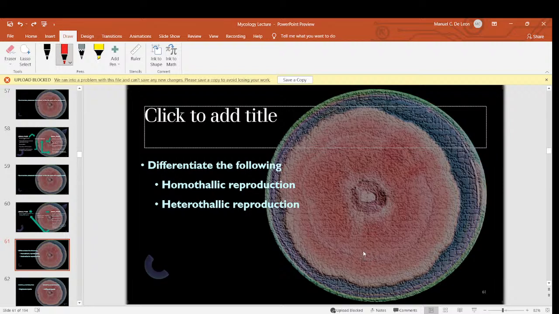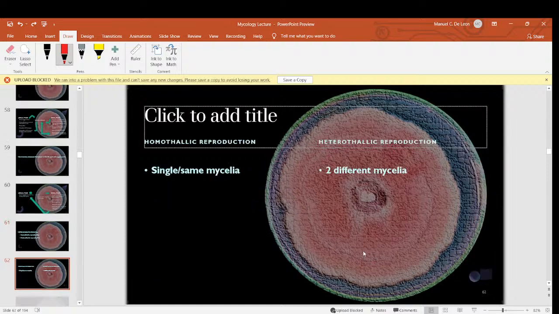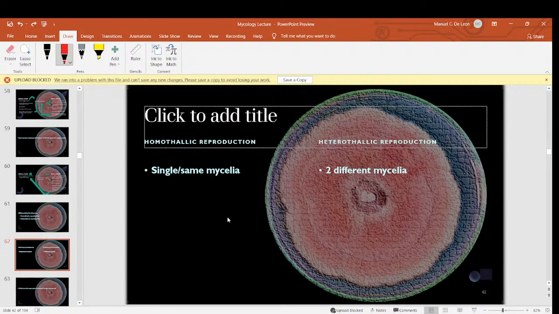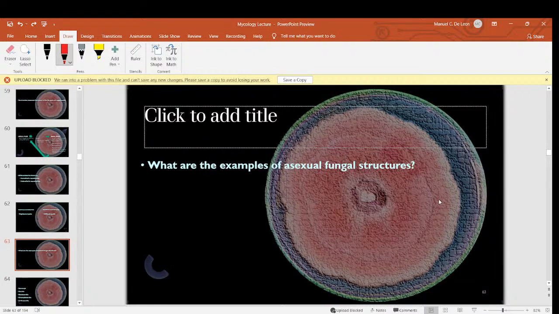This is the reason why I drew it for you guys, because homothallic means that sexual reproduction will happen in the same mycelium, while heterothallic, hetero meaning different, will require different mycelia, which means it requires both positive and negative mating strains of hypha from a different mycelium or family.